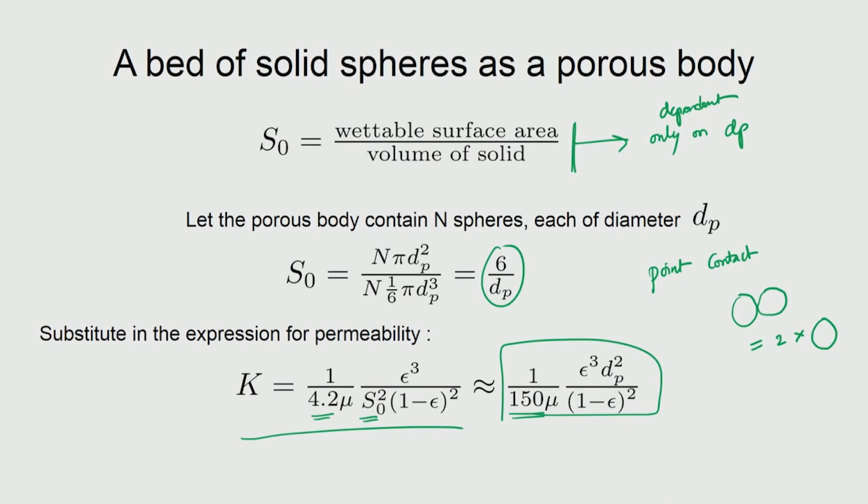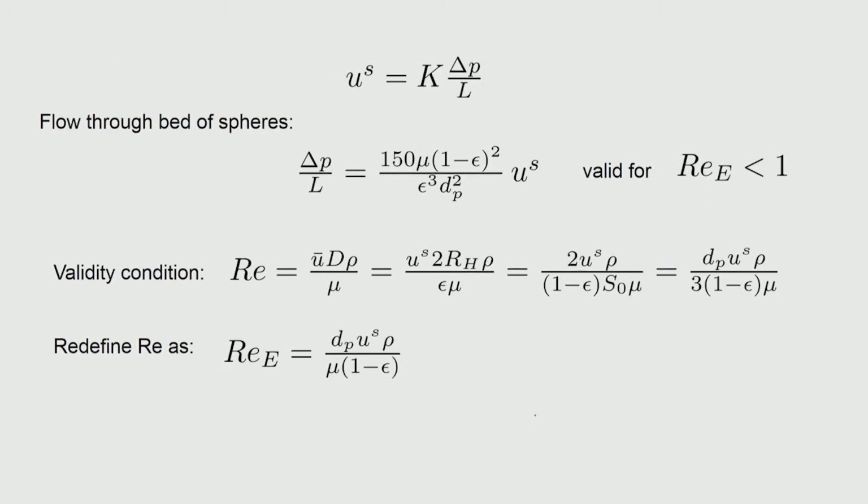Now epsilon, if we already know that it is close packed with, let us say about 68% packing, then you already see that 32%, that is 0.32, will be the value of epsilon, and then the diameter is available. So dp can be substituted, and with the viscosity of the fluid available, immediately we can get what would be the permeability coefficient. Now once that is there, then we can substitute in the Blake-Kozeny equation and see how that would look like for the bed of spheres.